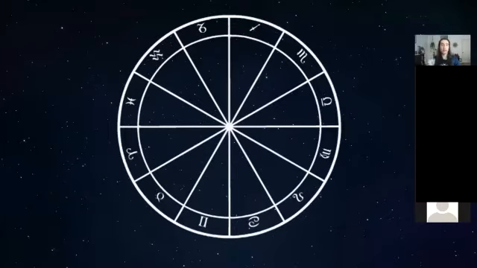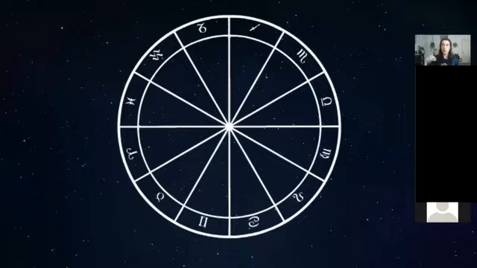Monday is the moon's day. Tuesday is correlated to Mars. Wednesday is Mercury's day. Thursday, Thor, Jupiter's day. Friday is Venus's day. And of course, Saturday is Saturn's day. So all of these aspects of the Julian calendar align with the zodiac, the wheel, and the 12 zodiac signs.